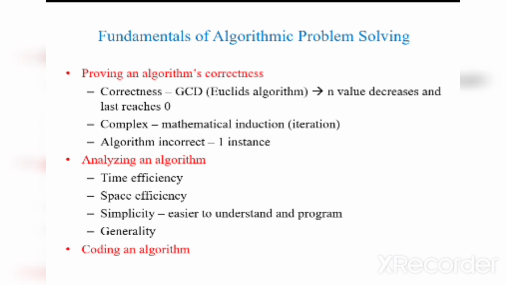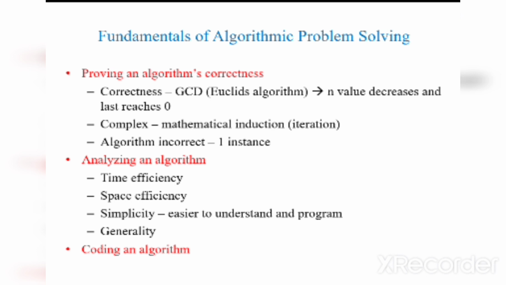So time efficiency means it is related to the time complexity. What is the time it takes to complete the execution of the whole program? The space efficiency is related to the space complexity, the space occupied by the program in the memory.